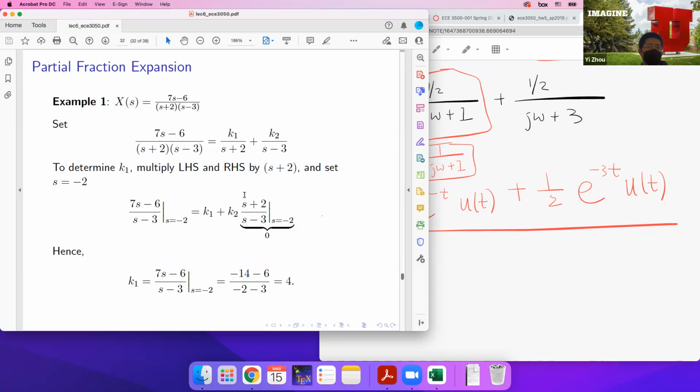So when evaluated at its root, this numerator becomes 0. So this term that contains K2 goes away. So you only have K1 equals the left-hand side, which will give you the numerical value for K1. Okay, so you plug in s equals -2 into this fraction, and you can figure out K1 equals 4.